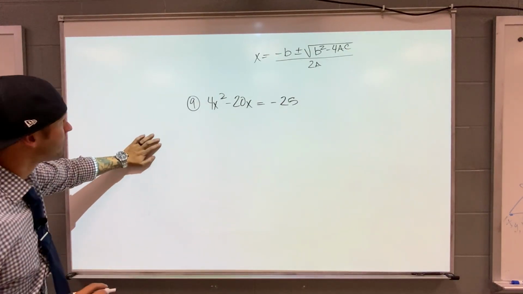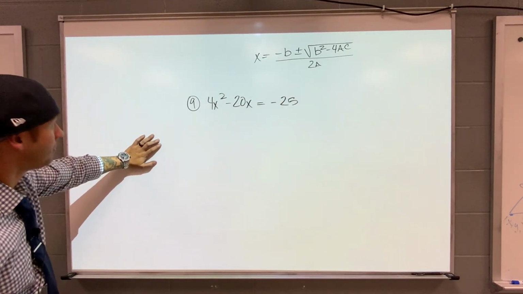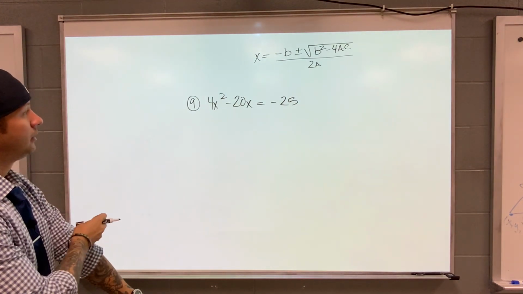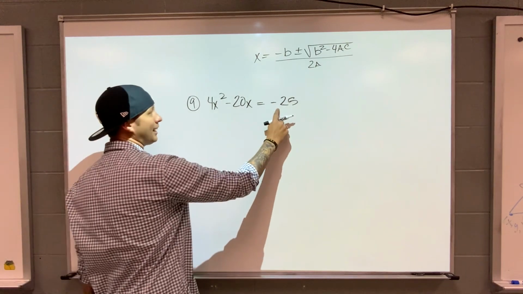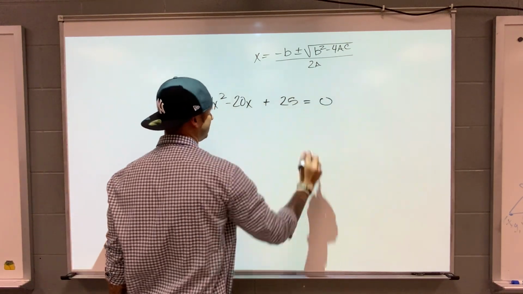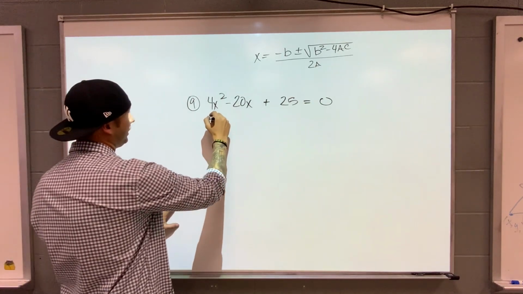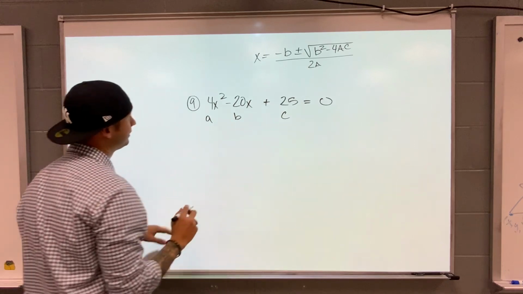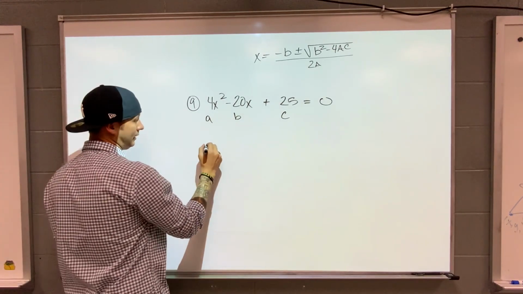Okay, number 9. 4x squared minus 20x equals negative 25. So we're going to add 25 to both sides. And this is my A, this is my B, this is my C. Okay, let's get it.